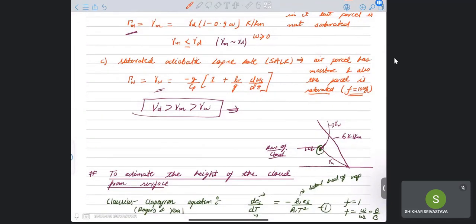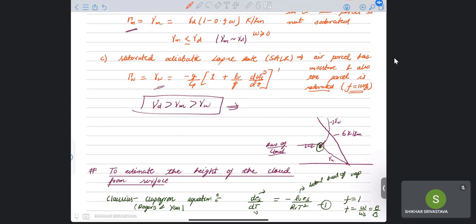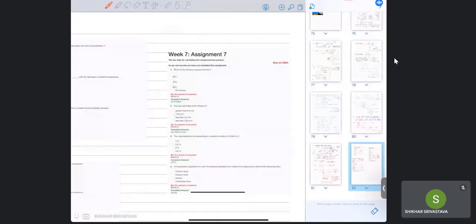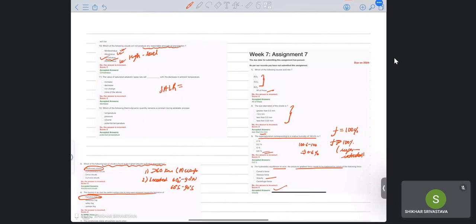This has a T term in it, so from there you can see what the effect of temperature on the lapse rate will be. Omega is epsilon by P times ES, so omega is directly proportional to exponential of minus b by T. So if T decreases, this will increase, so omega will decrease, and hence your lapse rate will decrease. You can find the answer just by that formula. It will decrease.